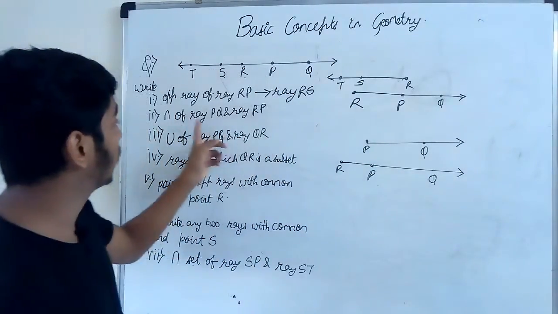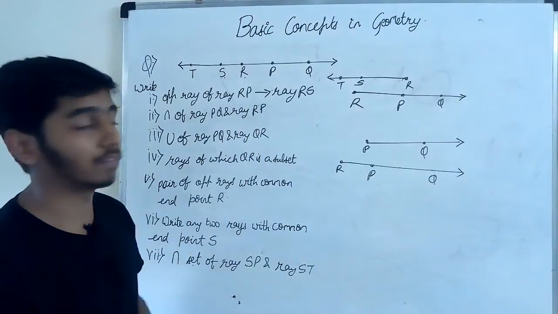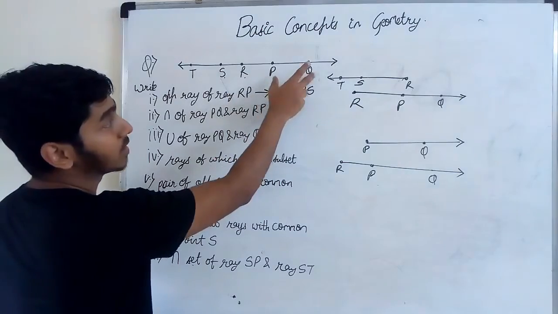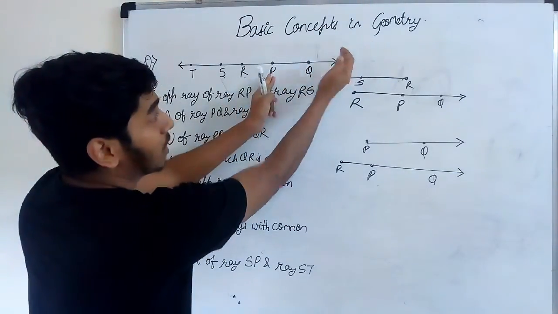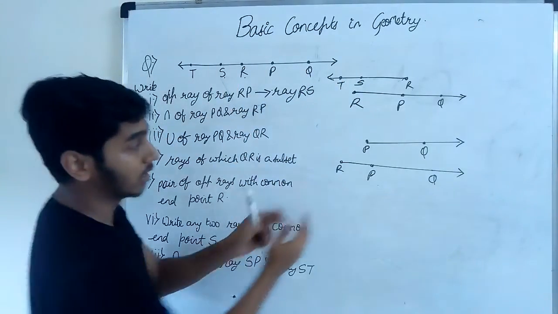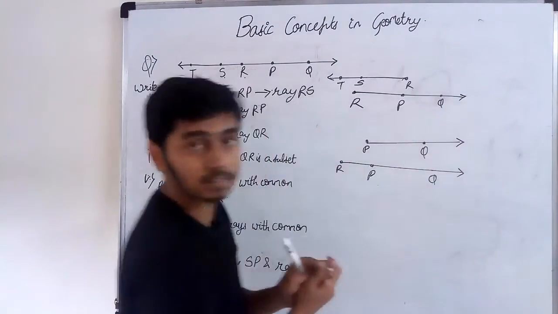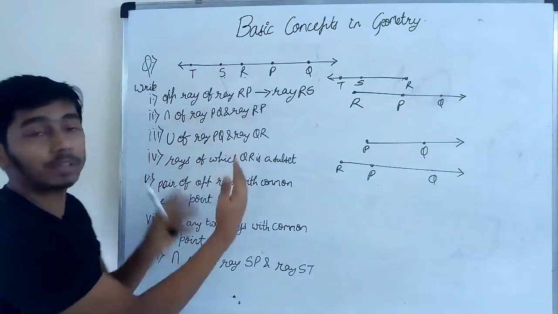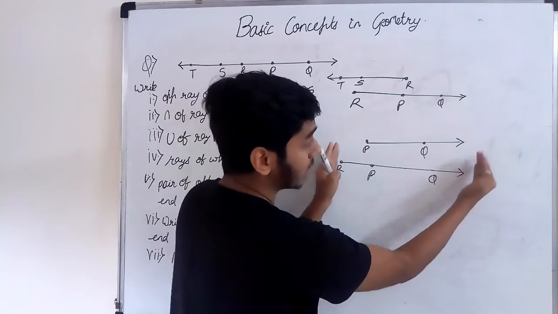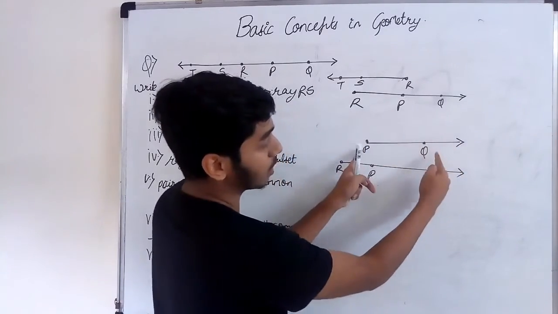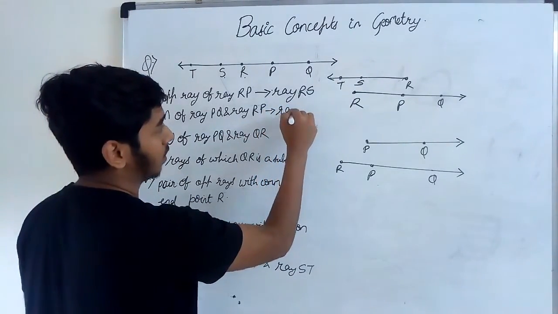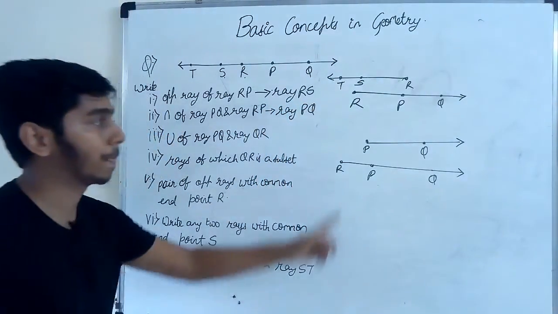So intersection of ray PQ and ray RP, without even drawing the diagram, you can come to know that PQ is this part, okay, this is the ray PQ, and ray RP is this whole, correct? So what is common between this and this? Because intersection says that common thing we have to take. So the common part between ray RP, between this and this, is just ray PQ, correct?